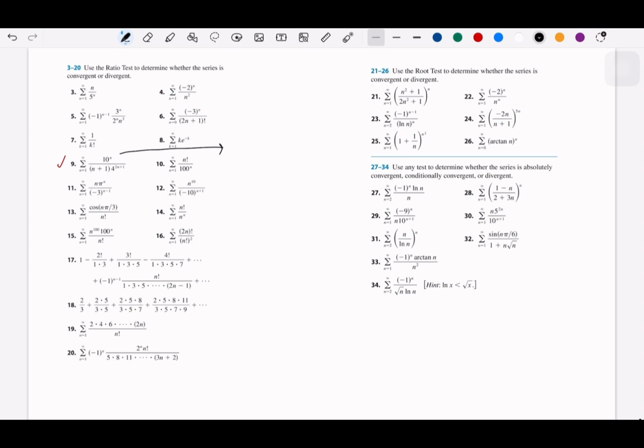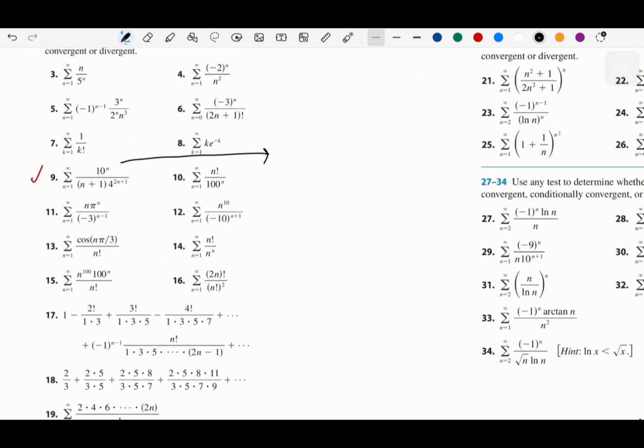So I will write directly. 10 with power of n, so I will write here a_(n+1) over a_n, okay? So a_(n+1) will be 10 with power of n plus 1. We have n plus 1 on the bottom, so we have n plus 1 plus 1, so n plus 2.